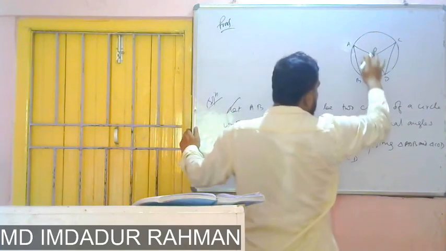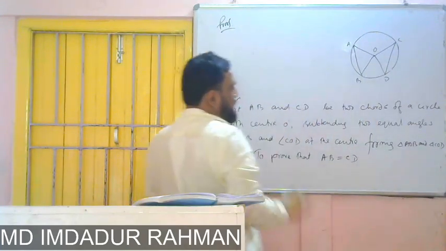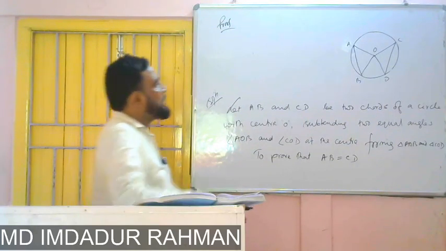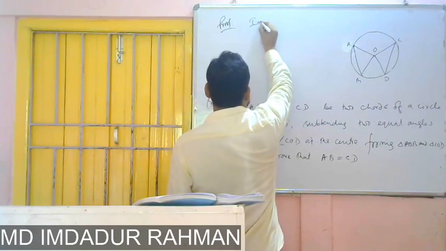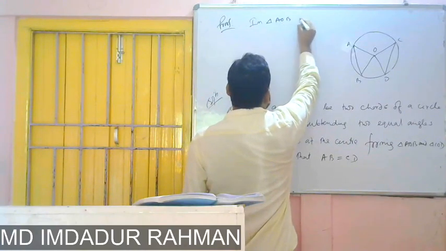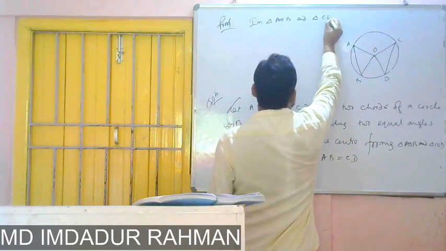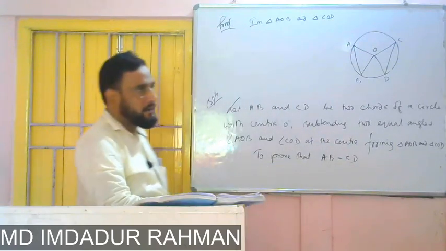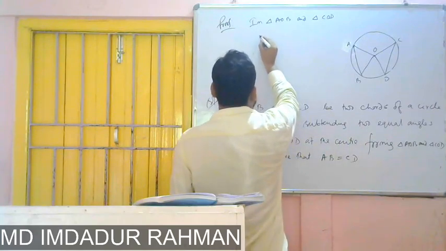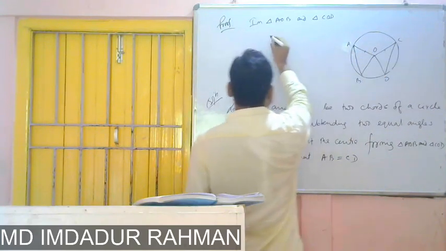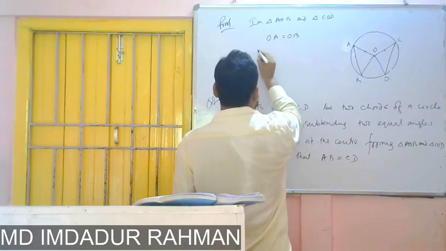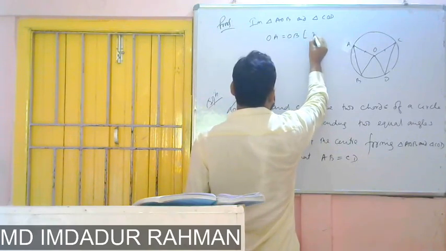As I said, these two chords subtend equal angles at the center, forming two triangles AOB and COD. So, considering these two triangles, triangle AOB and triangle COD, what we are getting: OA is equal to OC, since radii.